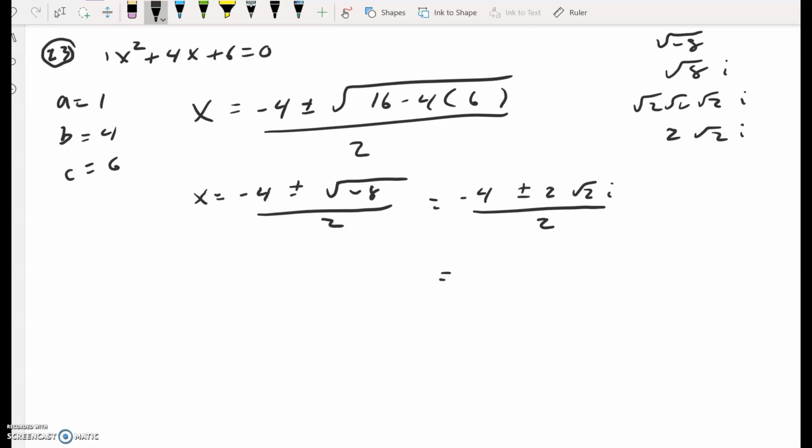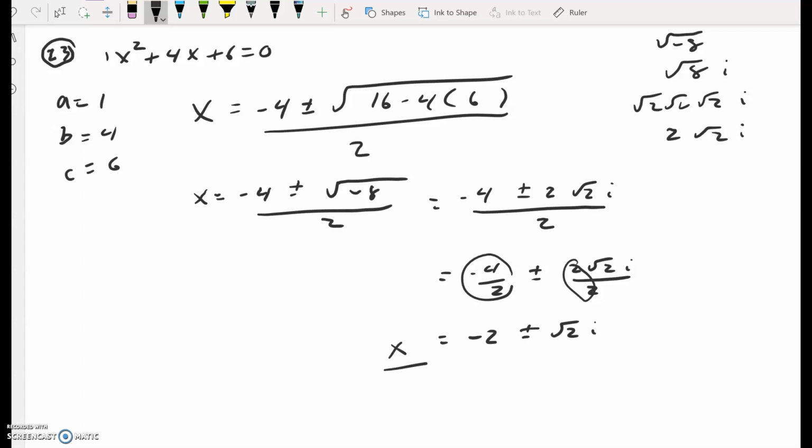This 2, as we have seen in the previous example, can be distributed underneath each part, and that allows us to simplify this into negative 2 and simplify this into the square root of 2i with some canceling. And so we have that x equals negative 2 plus or minus the square root of 2i.